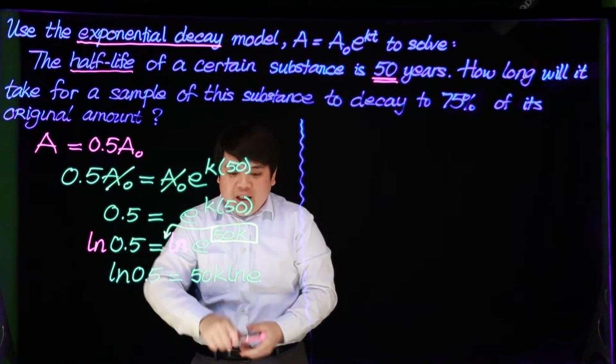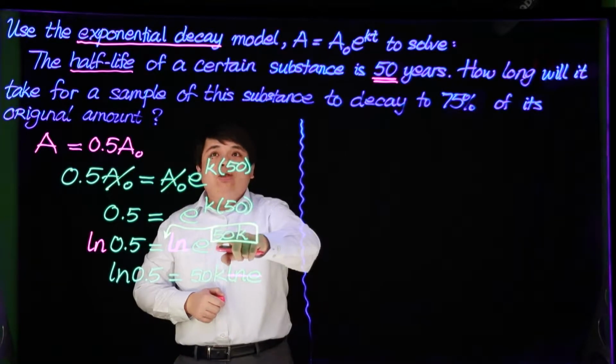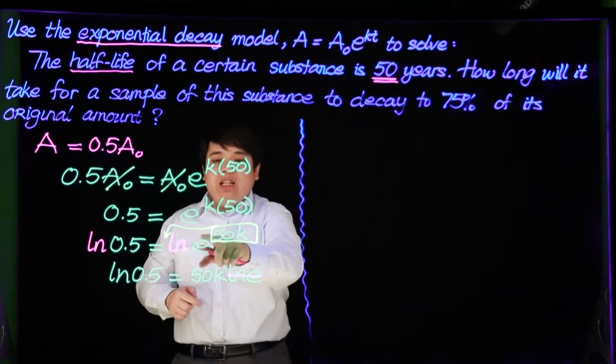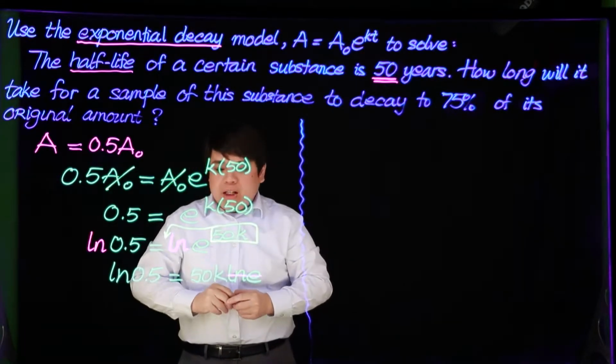And ln of e, this can cancel out. We actually can cancel from this step, but sometimes it's easier to see it like this. So we have ln of 0.5 is equal to 50K.